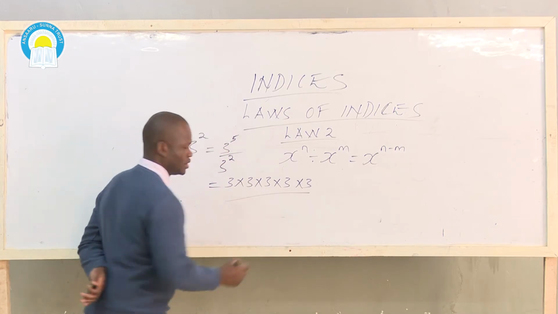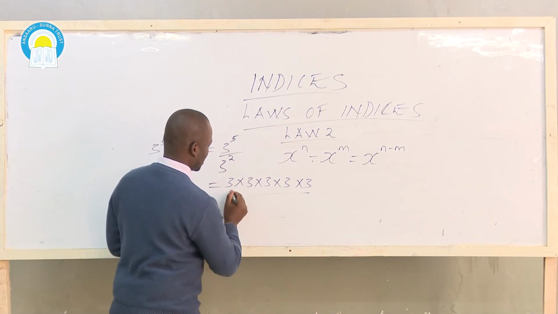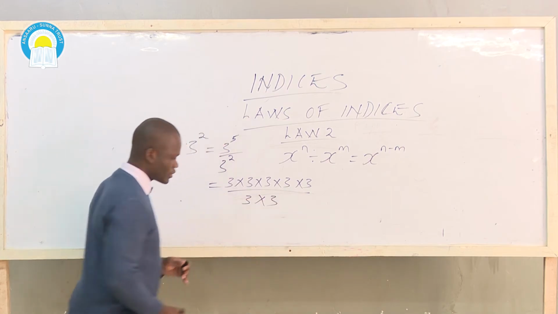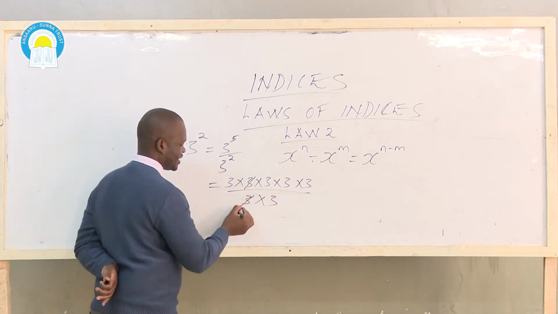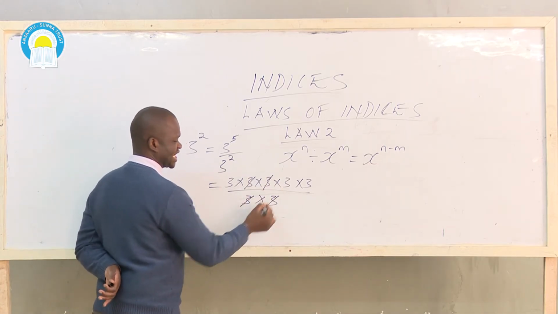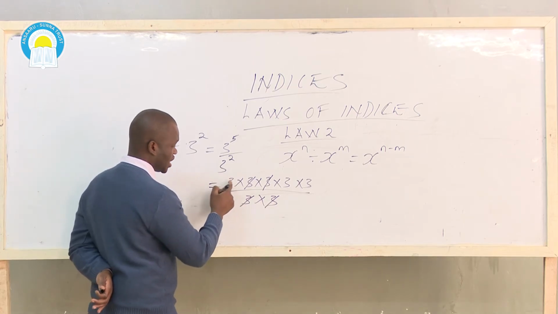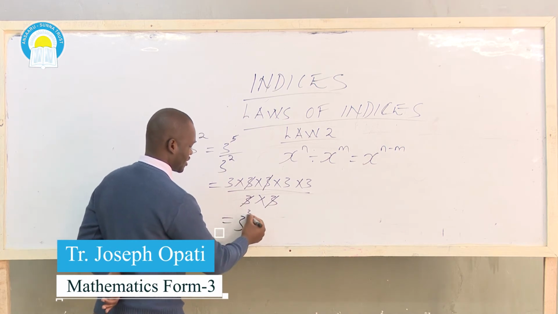And then 3 power 2 as our denominator means 3 by itself twice. Then we have the common factor cancelling out. Now what are we left with? We are left with 3 power 1, 2, 3. It gives you 3 power 3.